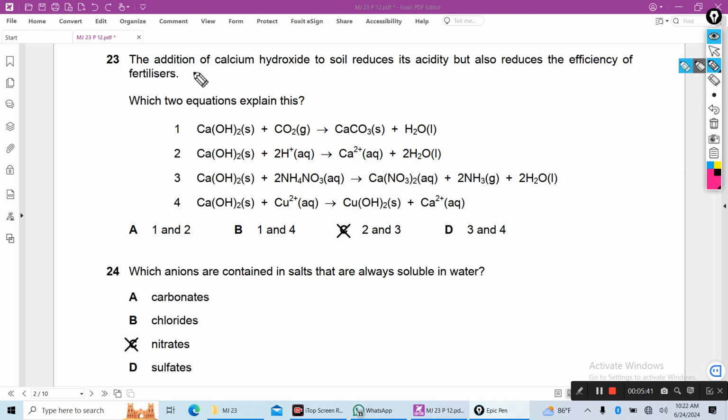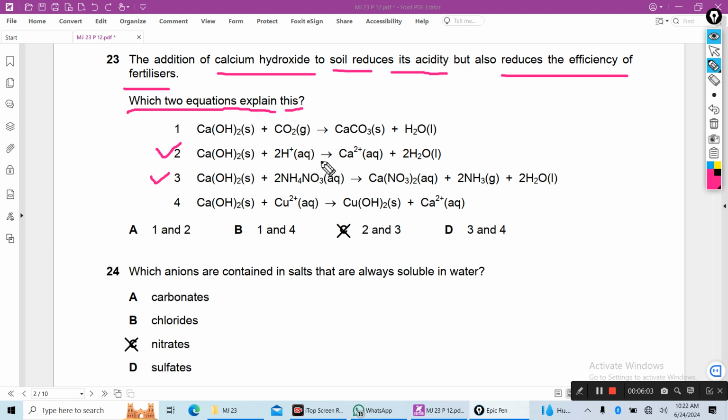Number 23. The addition of calcium hydroxide to soil, calcium hydroxide is an alkali, reduces its acidity, but also reduces the efficiency of fertilizers. Who is to explain this? This is 2 and this is the right one. Why?